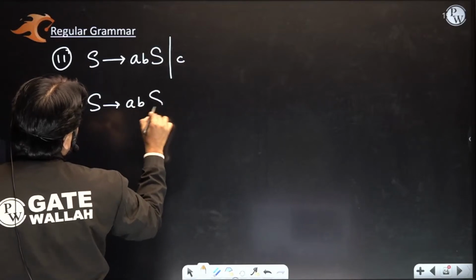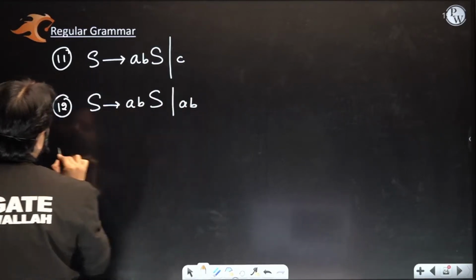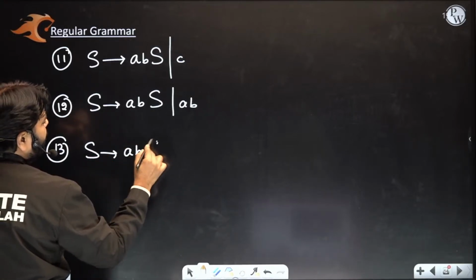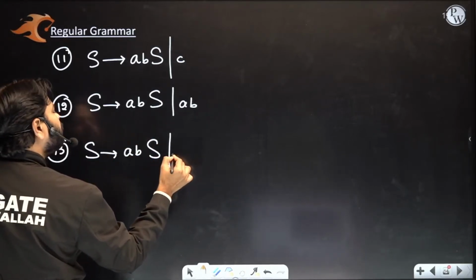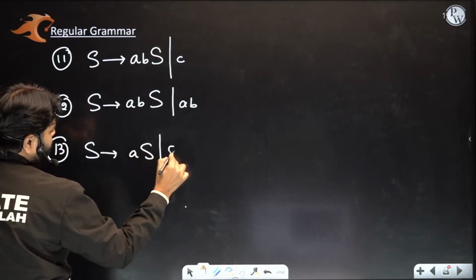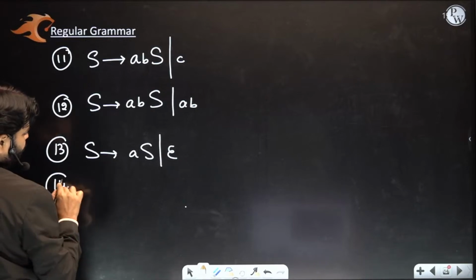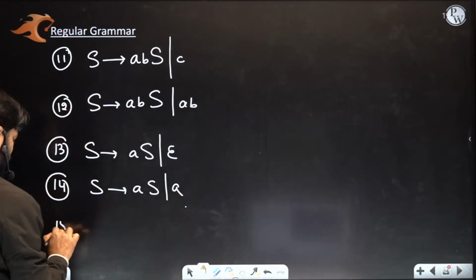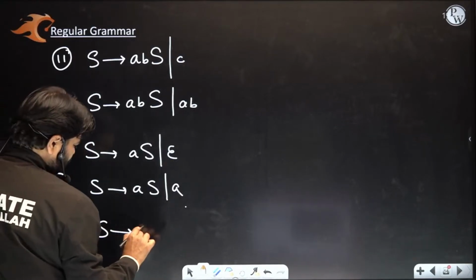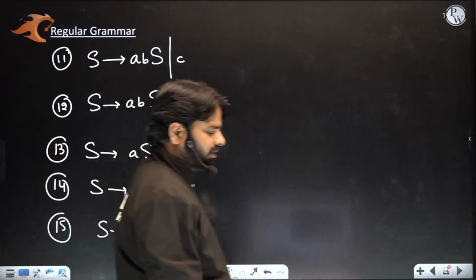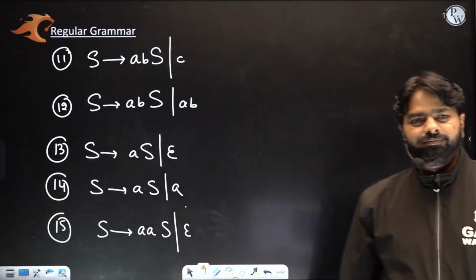A B S or A B. A B S or A S or epsilon. Very easy. You already answered the left recursion, so it's very easy to answer now. Use the same concept, but carefully put where the terminator should be.